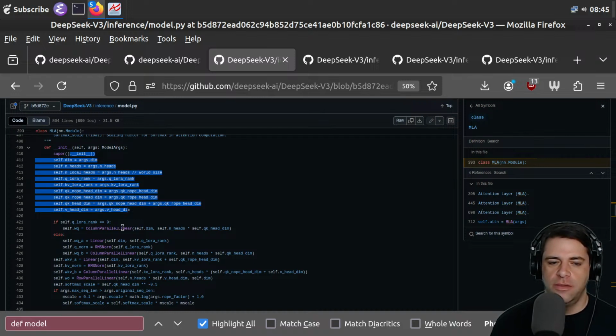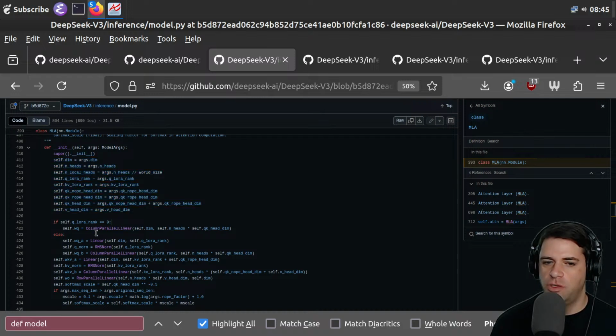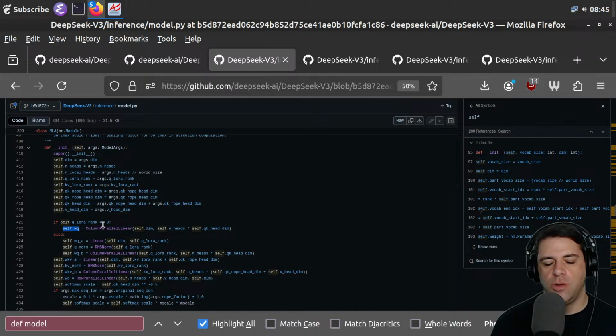Column parallel linear. I'm not really sure what column parallel is, but somehow this is presumably some parallel implementation of a linear operation. And we're going to get self WQ, and that's only if LoRa rank is 0. I don't really know what LoRa rank is doing at this point.